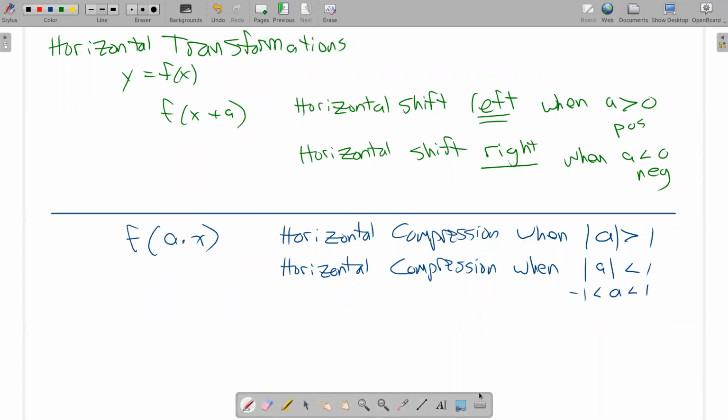That's another way to state what we did earlier. And if a is negative, then we get a horizontal flip about the y-axis anytime a is less than 0.